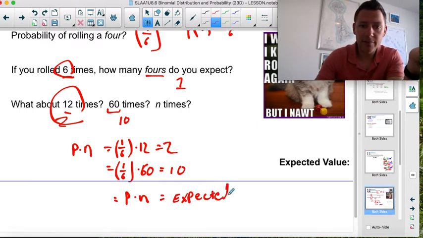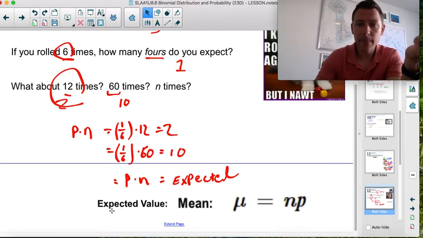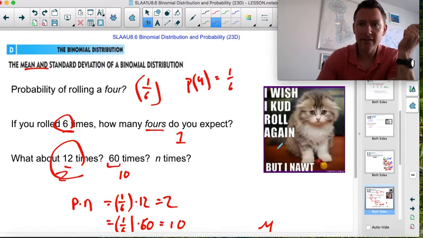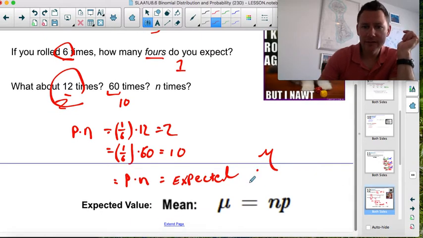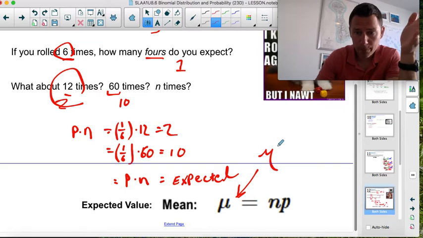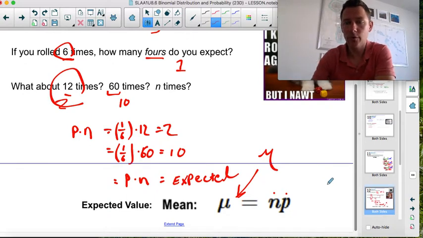Another name for the expected value is the mean, and they use this little symbol, like a lowercase m, the Greek lowercase m, mu. It's the number of trials times the probability of each one. Cool?